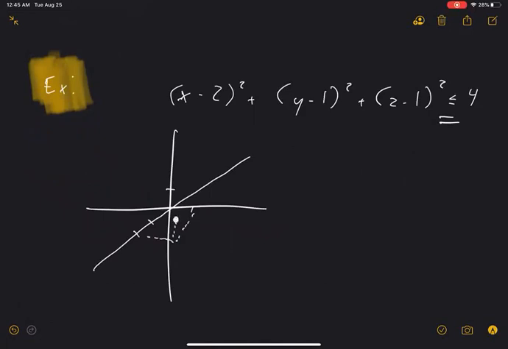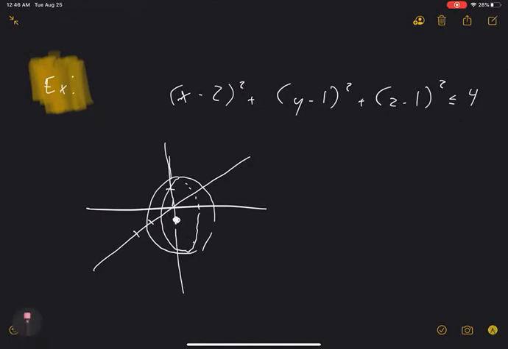So let's say that's where the center of the sphere is. So a sphere with that center and radius, what, 2? Okay. So it's a sphere like that.